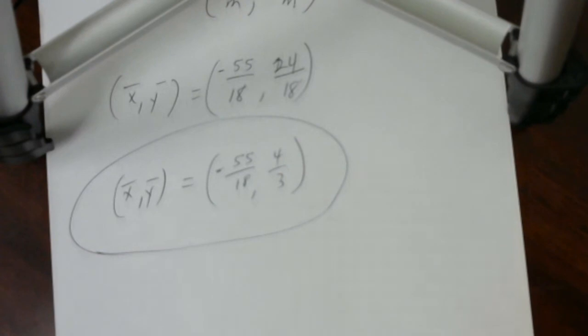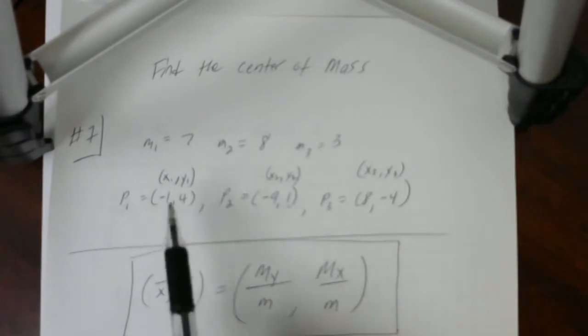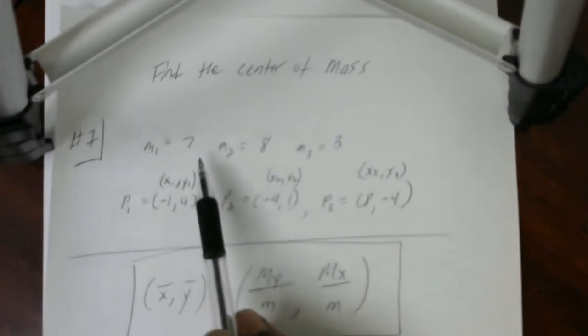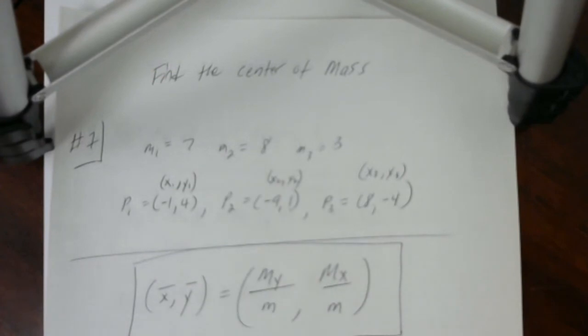All right, so just to go back and just kind of review what we did. Okay, we were finding the center of mass of our system. All right, so we had the mass for object 1, the mass for object 2, the mass for object 3.